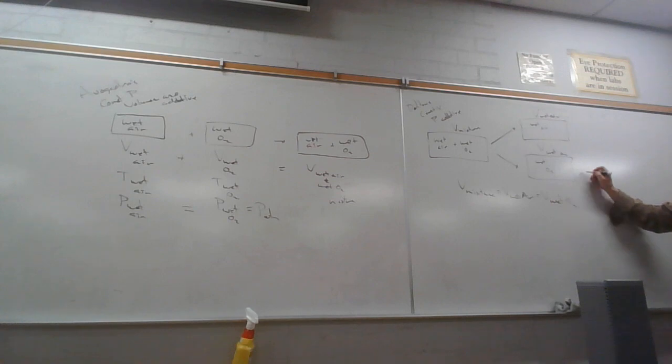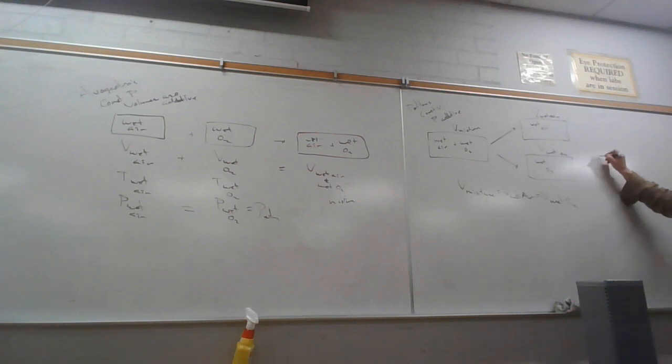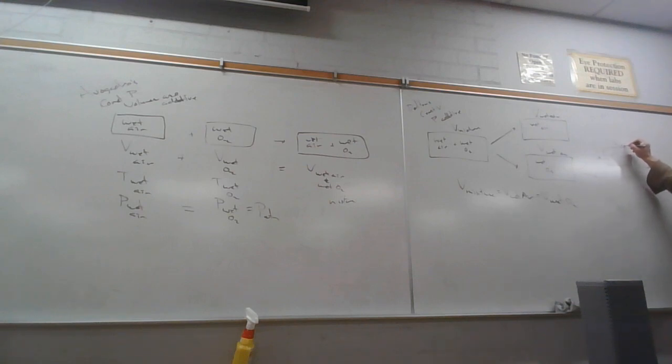Now, the volume of the wet O2, we can split this off like this. We're going to split this off into two separate mixtures here. So now we'll have the volume of dry O2 and the volume of water vapor. So here, the volume of wet O2 is going to equal the volume of the dry O2, which is equal to the volume of the water vapor.